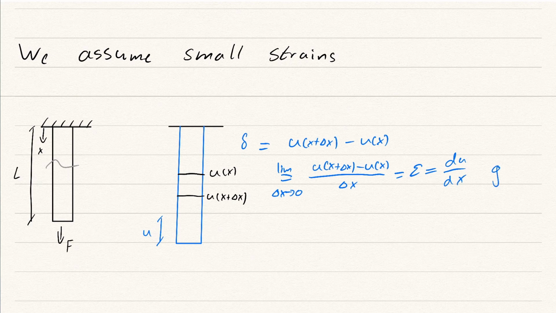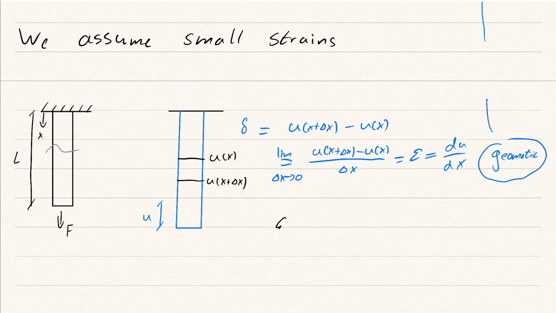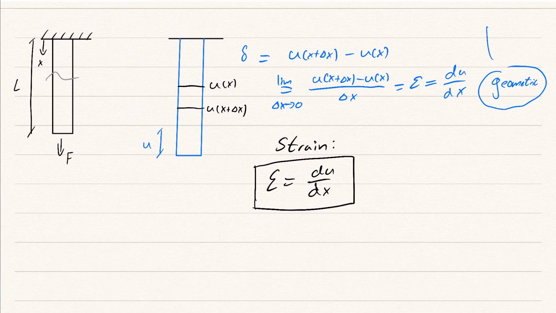And this is a geometric relation. So we have this relation as well. So the strain is du dx. Alright, and this is again assuming we have small strains. Usually this is true when the overall deformation is in the region of a couple of percent of the total length. And if it's larger than that, then of course this doesn't really hold.